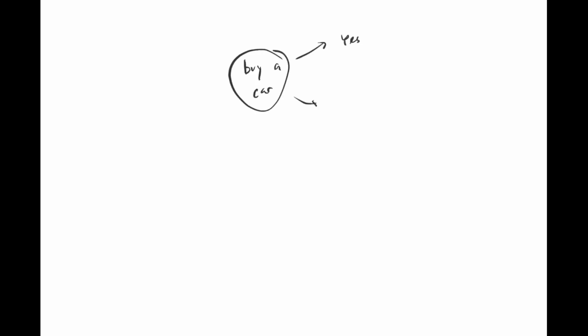Yes or no. And then the things that might influence this, our X's, could be income, education, race, and so on and so forth. And similar to the linear model, the input X's can be both continuous or discrete.